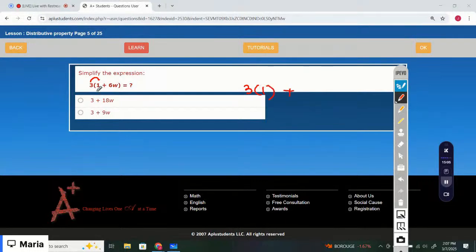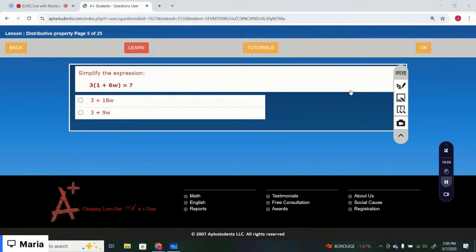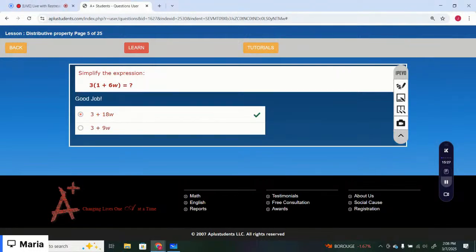Three times 1 is 3 and 3 times 6w. That is 3 plus 18w. Option number 1 is the correct option. That is 3 plus 18w.